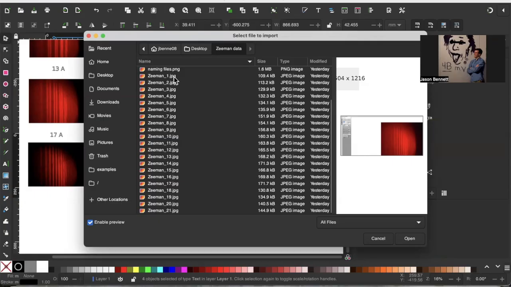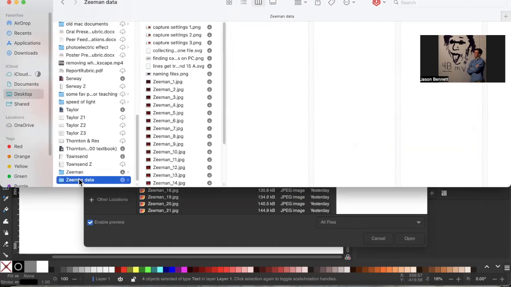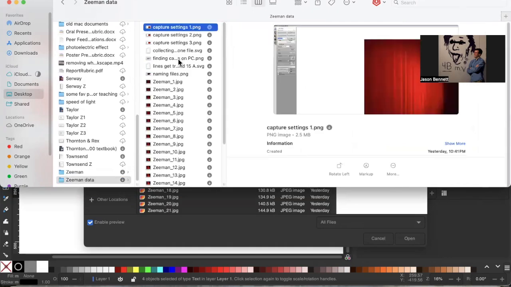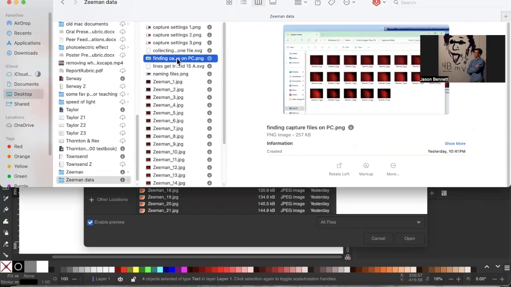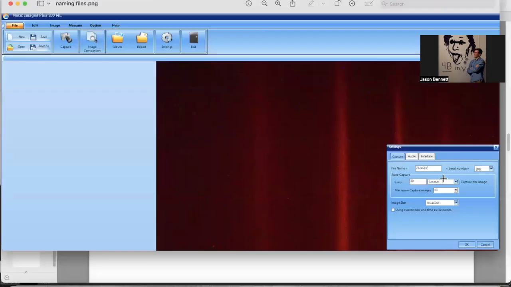So the way that we use the naming convention, just show you this briefly. Where did I put that data? Here it is. Naming the files.